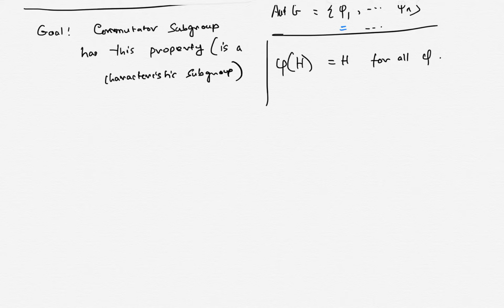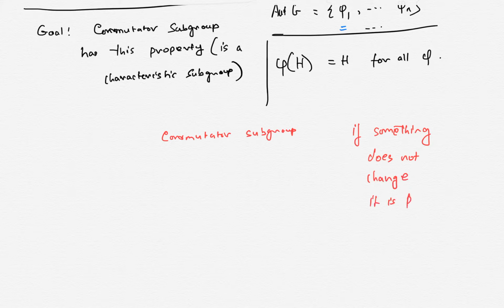To do this effectively, we have to of course know what a commutator subgroup is. You can imagine why we are interested in this kind of subgroups which are invariant under every automorphism. It is motivated from a very fundamental idea of mathematics, that if something does not change, it is probably important, and this is called the invariance principle.